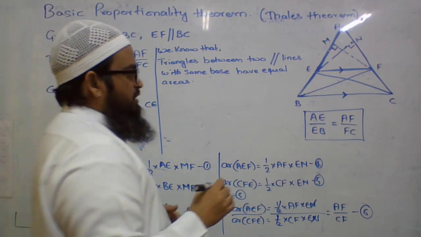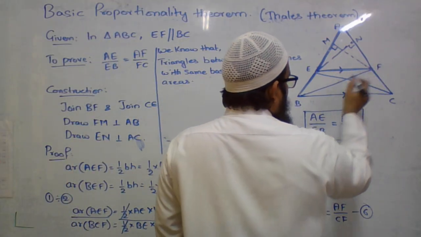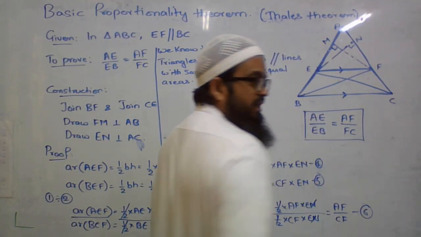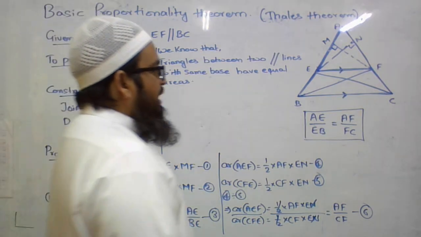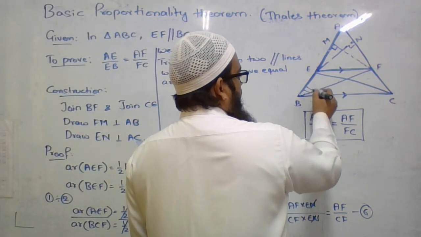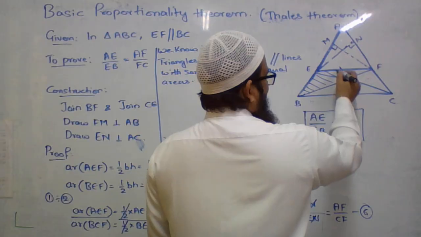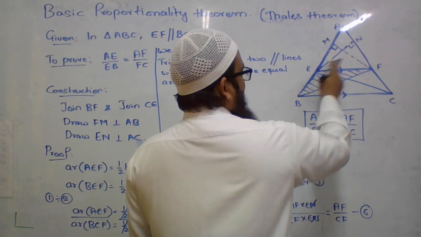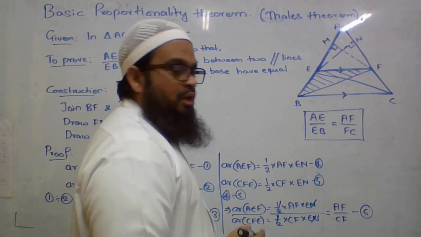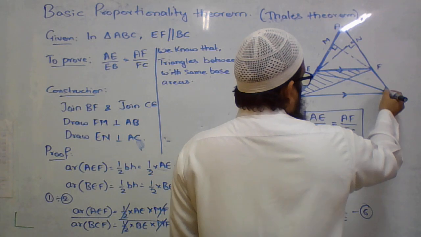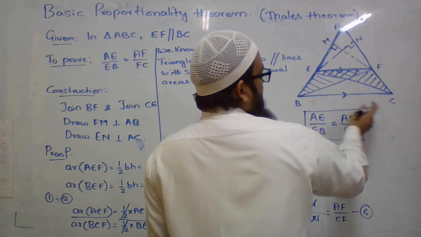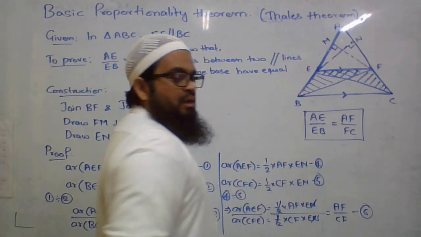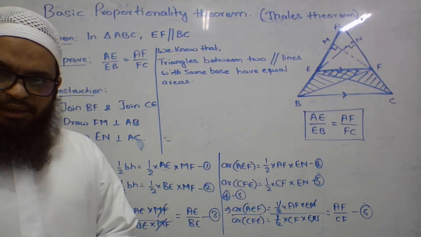Now try to understand this point. EF is parallel to BC, right? These two are parallel. Now what is this? Triangle BEF. And what is this? This is triangle CFE. Those two are obtuse angle triangles, right?